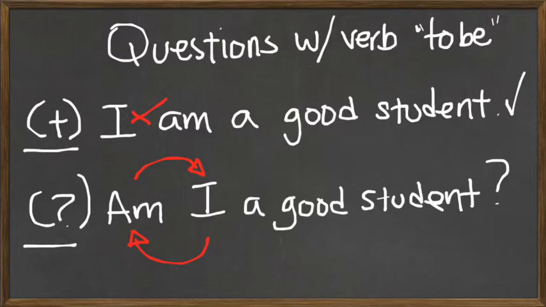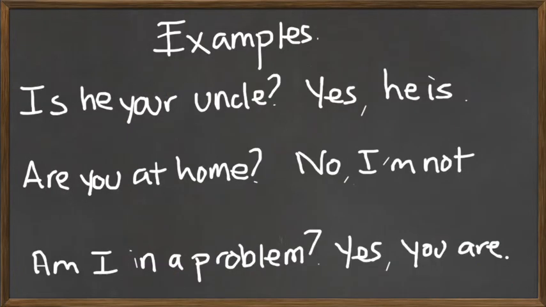Notice that there are two things that change. Thing number 1 is the auxiliary to be and the subject, am I, and also the intonation is different. The intonation rises at the end. Am I a good student? We have examples also. Example number 1. Is he your uncle?